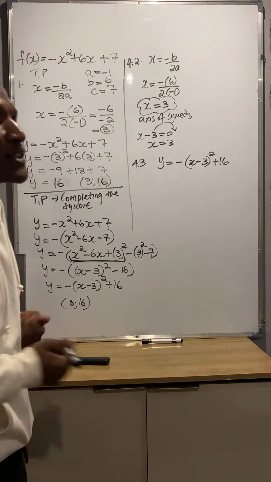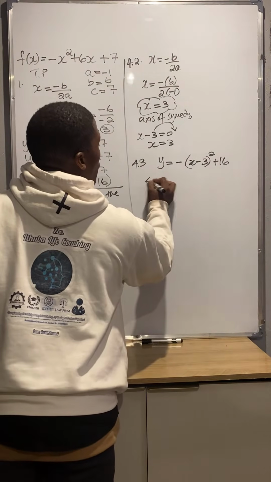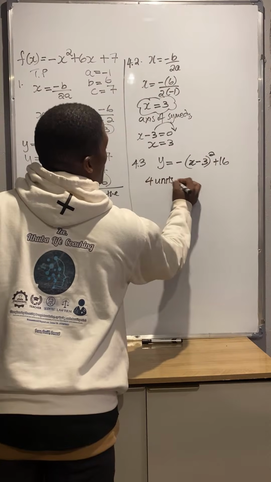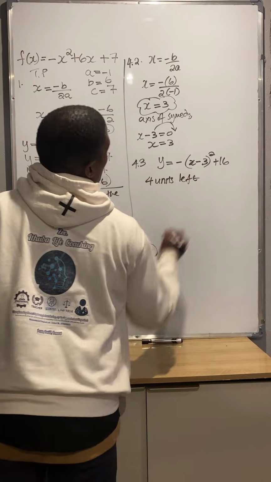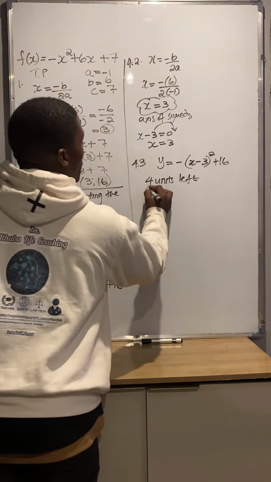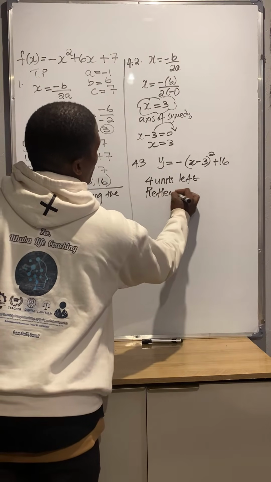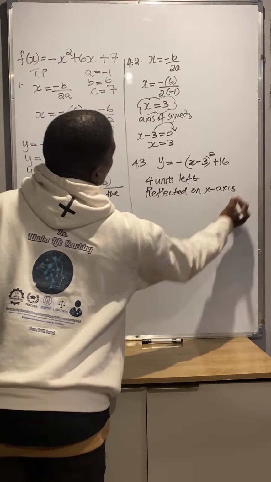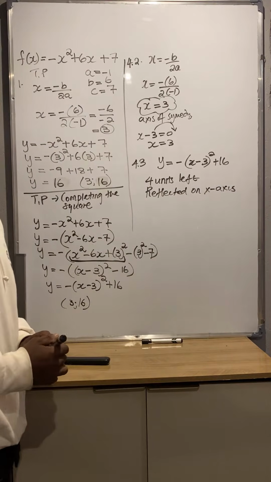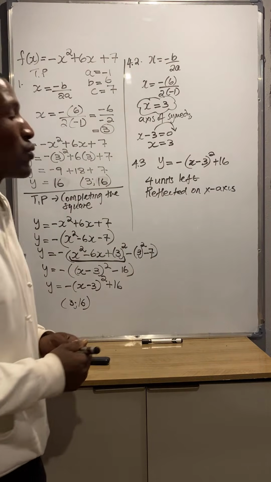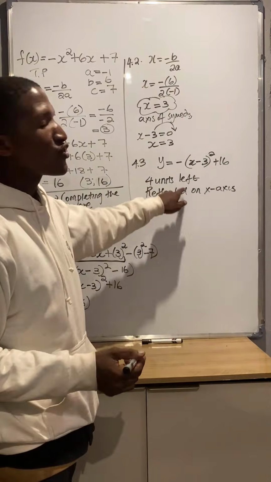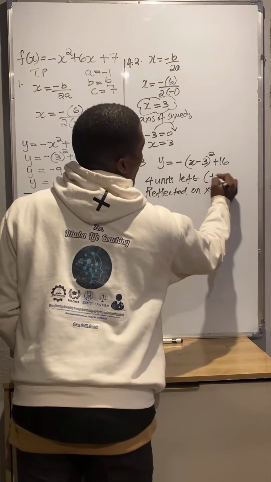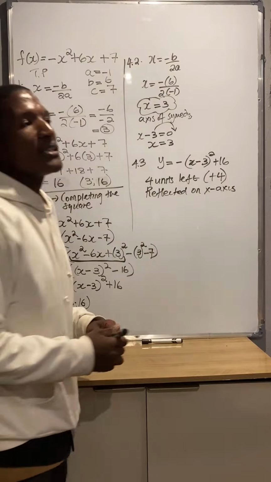The graph is shifted 4 units to the left and then reflected on the x-axis. So with 4 units to the left, you add 4 to x only.